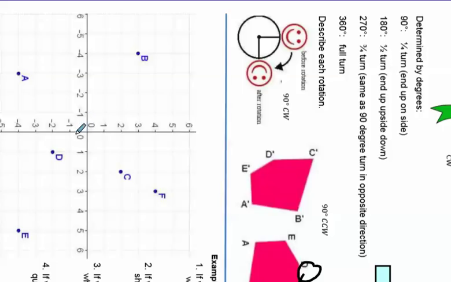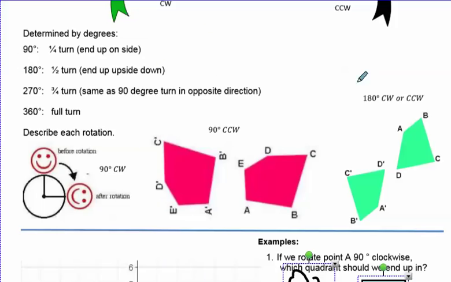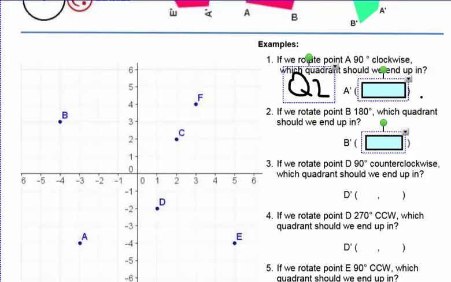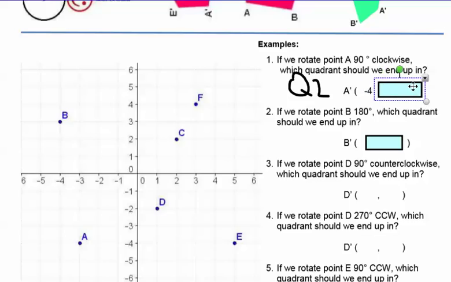So we moved left 4 and then up 3. Let's think about what that means for our point. Left 4 would be negative for x, so x is negative 4, and we moved up 3, so y is positive 3.